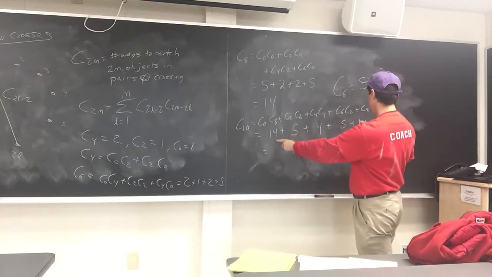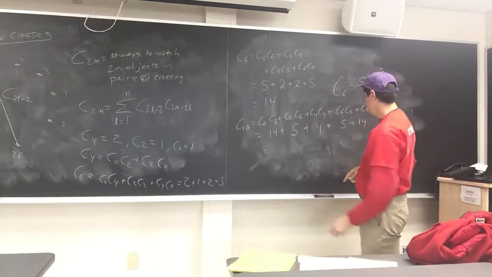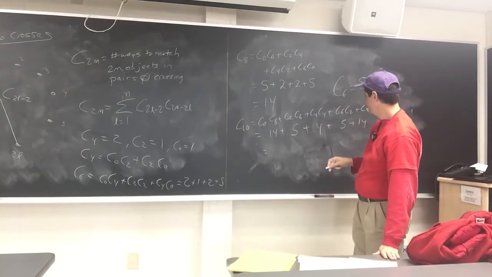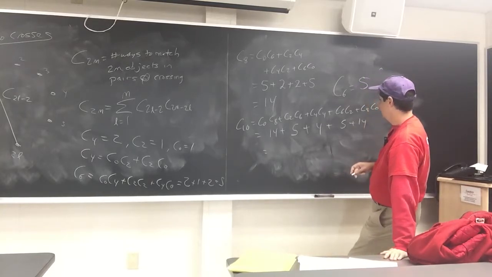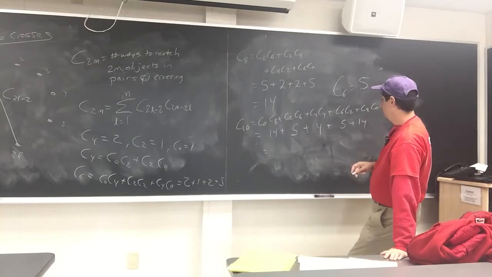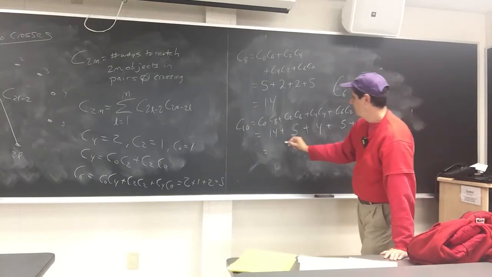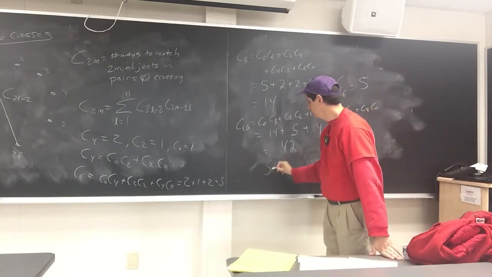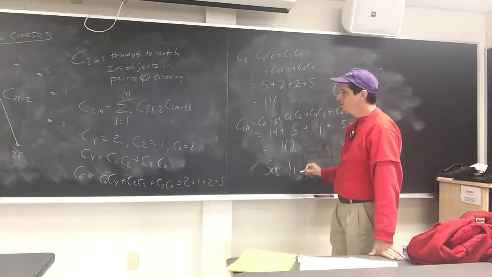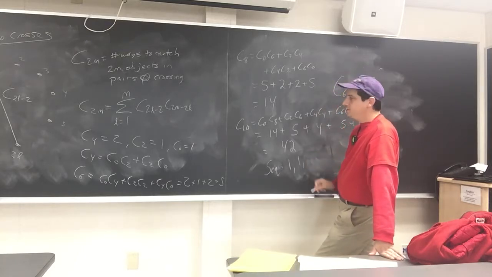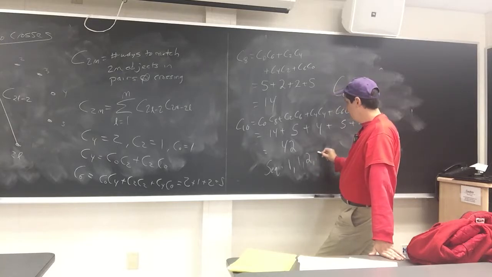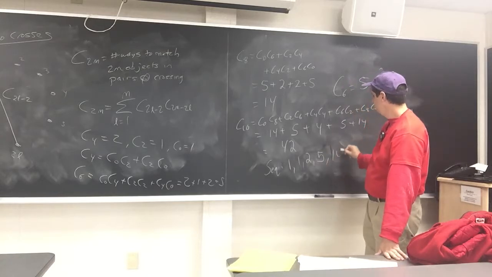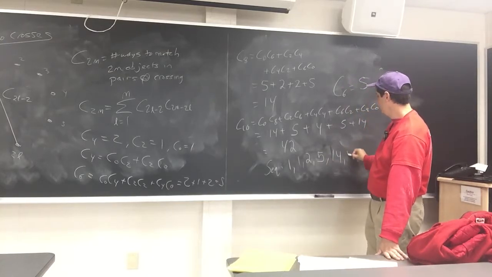So 10, 20, 30, 42. 42, right? Okay. So our sequence is 1 for C0, 1 for C2, 2 for C4, 5 for C6, 14, and then 42.